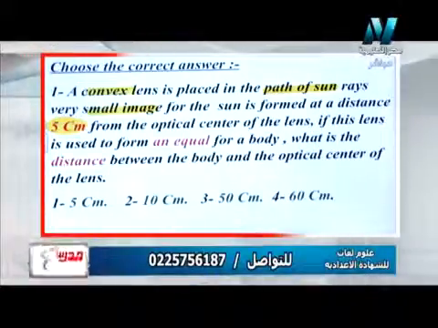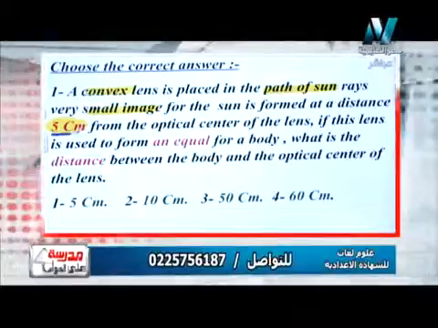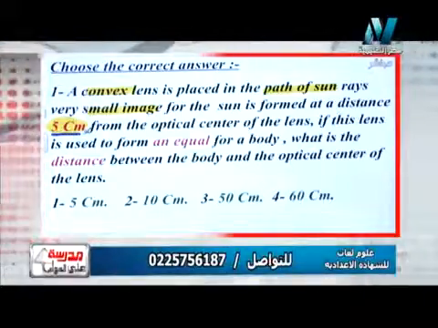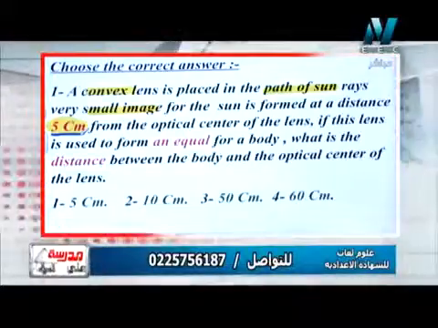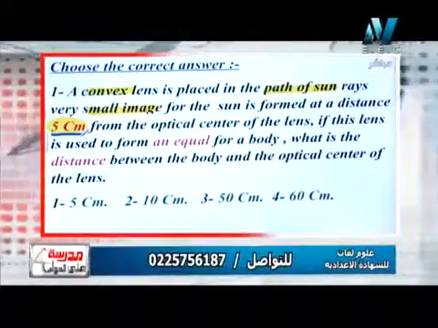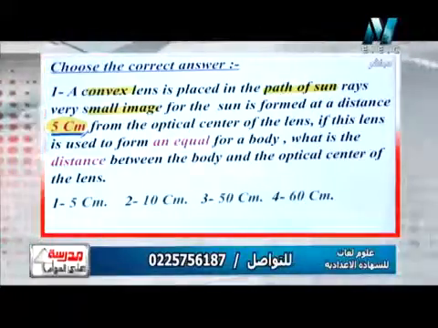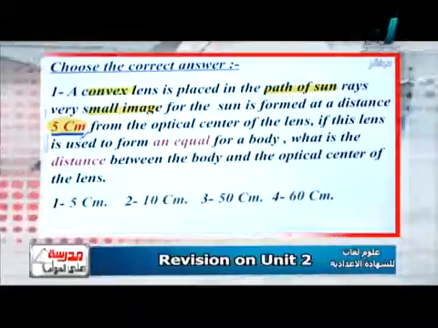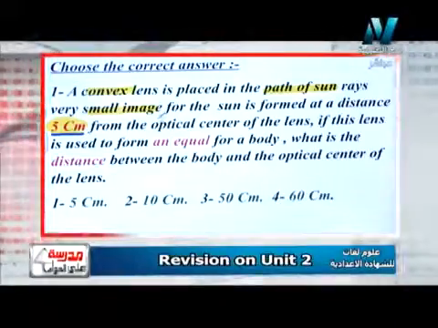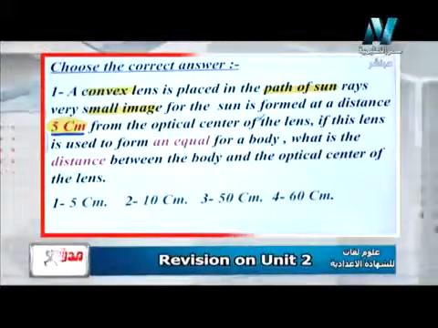So from this information, we know the focal length in this lens is 5 centimeters because the sun rays is a very far object from the lens, and the image is a dot here at focus or at focal length equal 5 centimeters from the optical center of the lens.